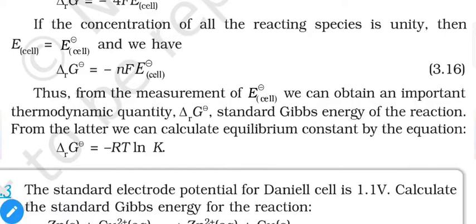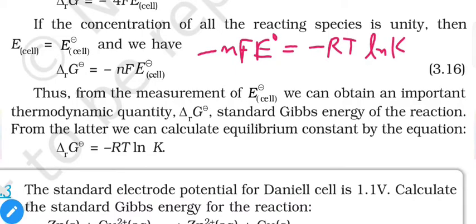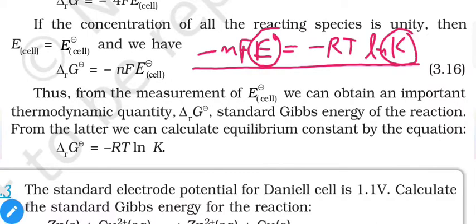Now delta G = -nFE and delta G = -RT ln K. So we can say that -nFE° = -RT ln K. So this equation represents the relationship between E° and K, that means equilibrium and electrochemistry.